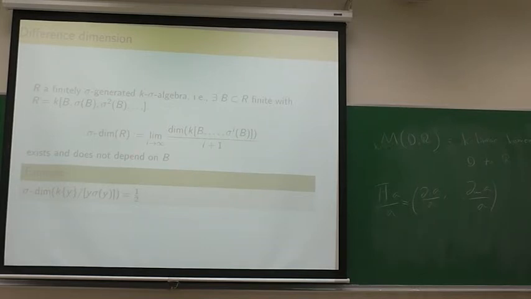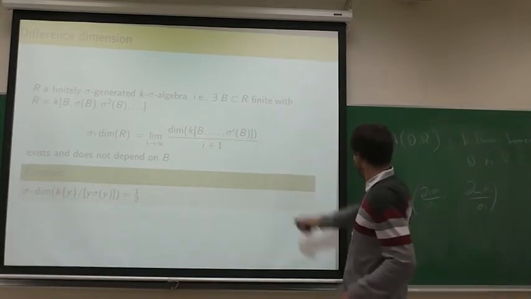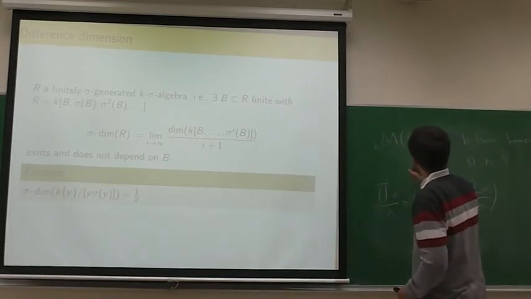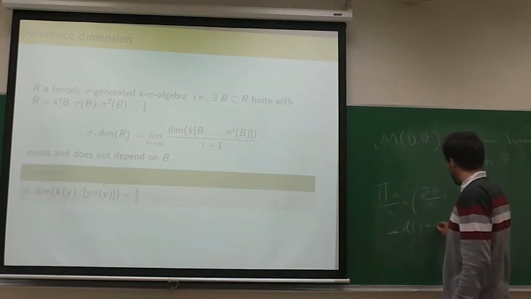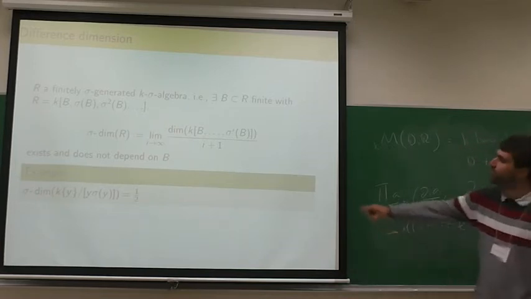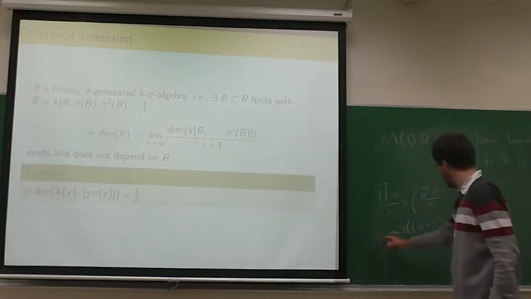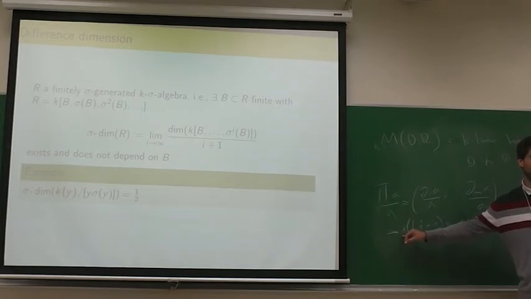If the ideal is prime, then for large i the dimension is d times (i plus 1) plus e. So if you divide by i plus 1, you really get the d in the limit, and that's the dimension.